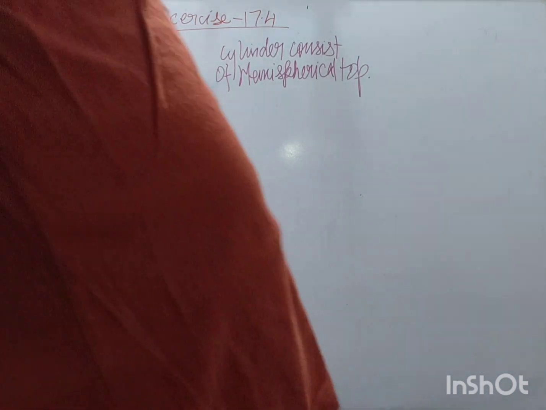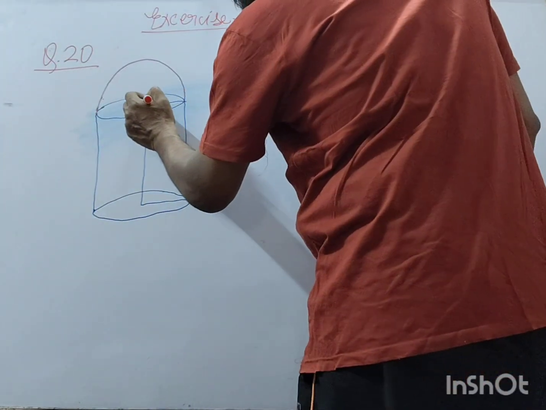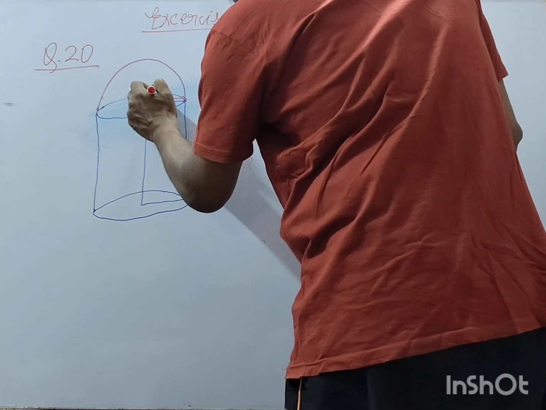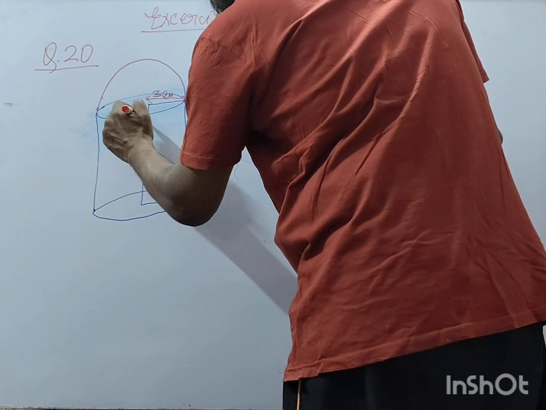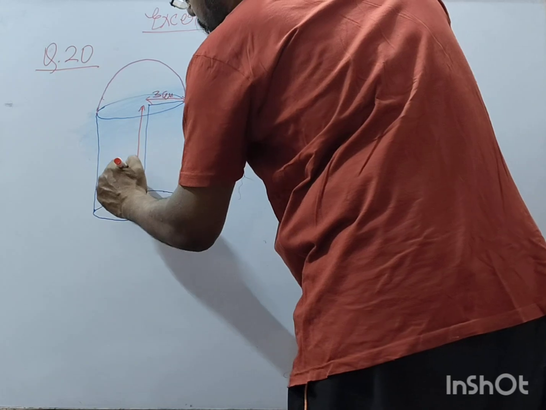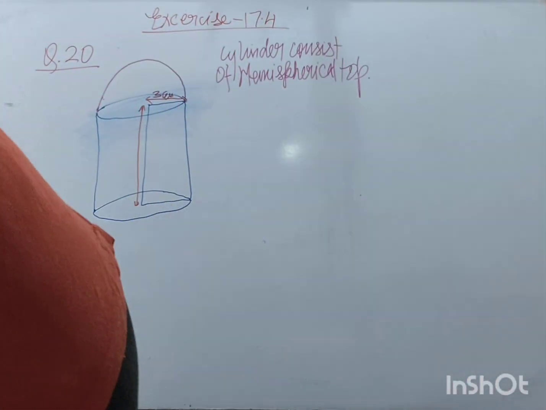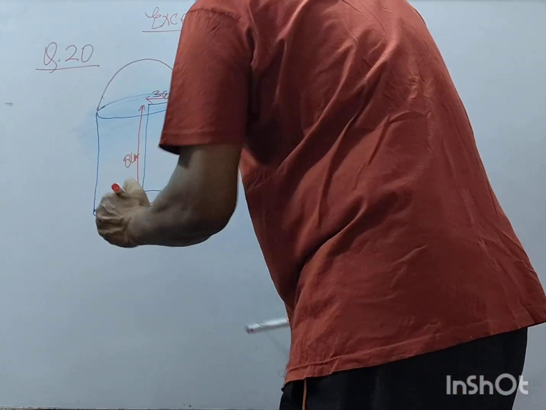3 centimeter. So this radius is 3 centimeter and the height is 8 centimeter.